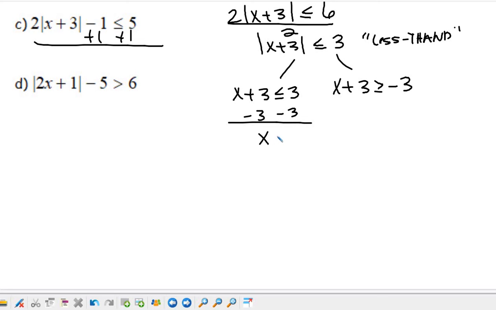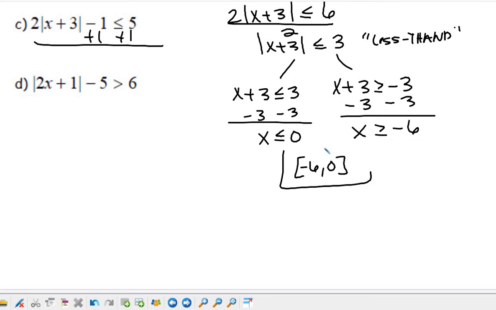We have x is less than or equal to 0. Subtract 3. We have x is greater than or equal to negative 6. So it's between negative 6 and 0. It has to be greater than negative 6, and it has to be less than 0.